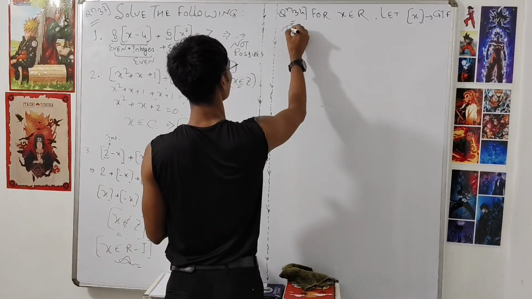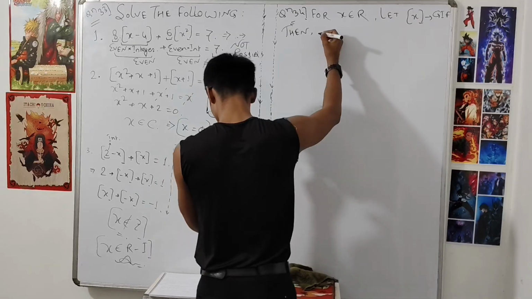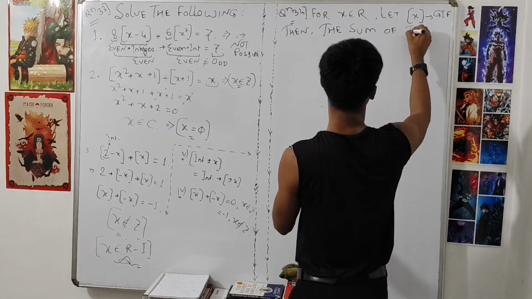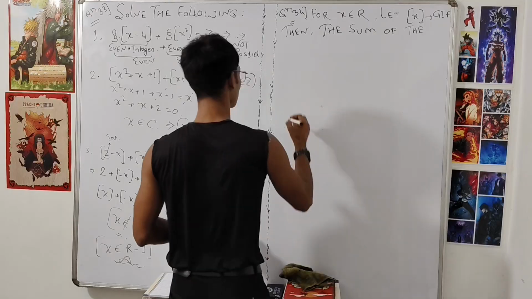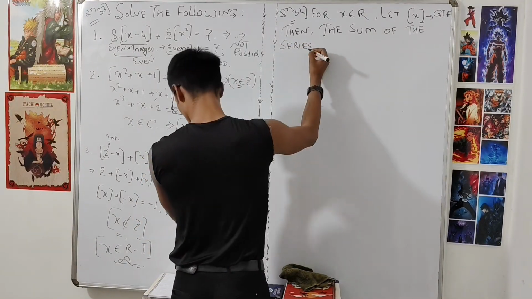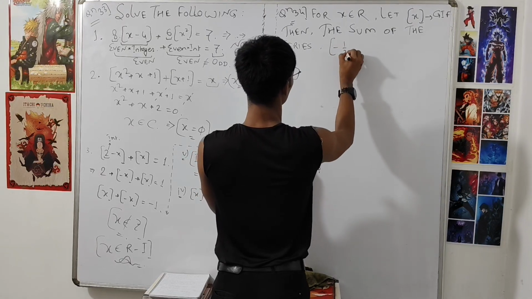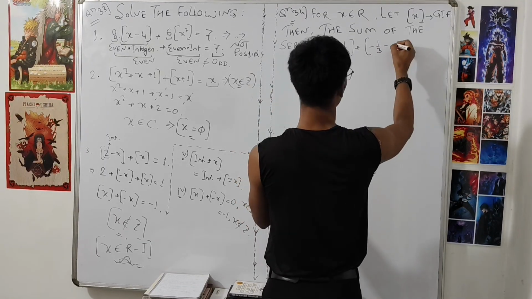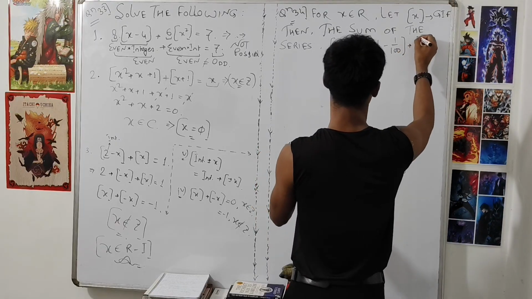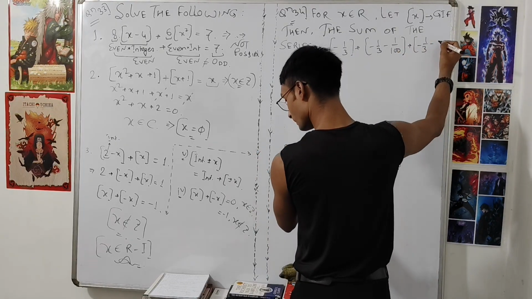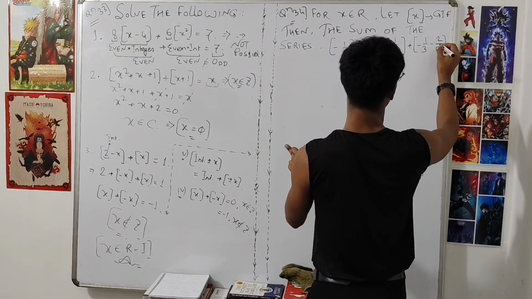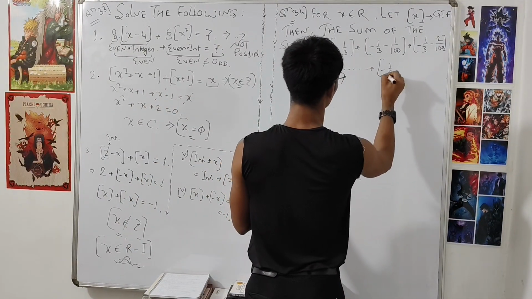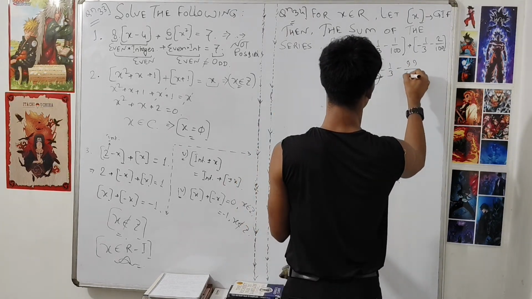Then the sum of the series minus 1/3 plus minus 1/3 minus 1/100 plus minus 1/3 minus 2/100, and so on up to minus 1/3 minus 99/100.